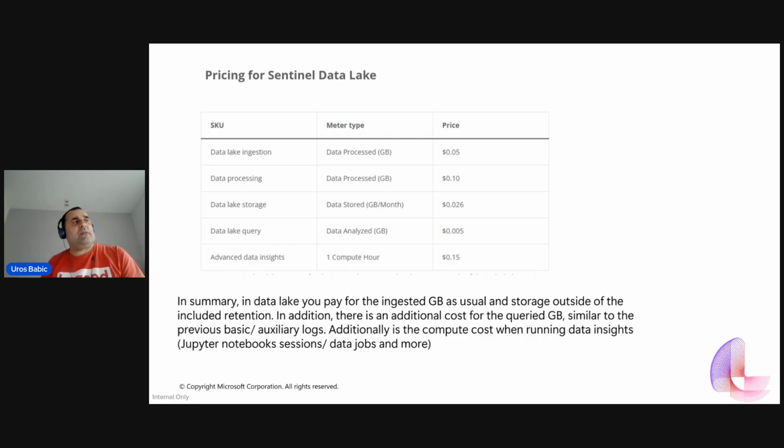I can use, for analytic tier ingestion, commitment plans to save up to 50%, for example, compared with the pay-as-you-go model. Apply definitely what I explained previously with the syslog table. Apply data collection rules to avoid ingesting low-value logs.